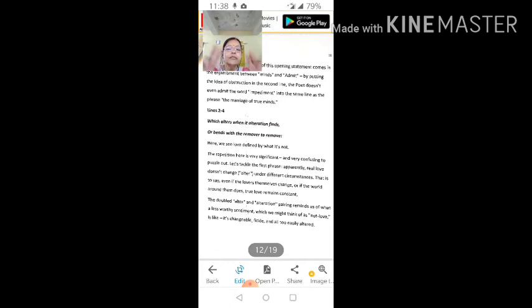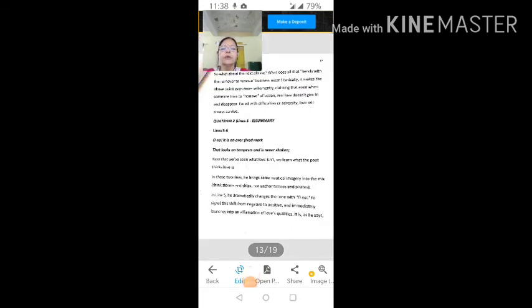The doubled alter and alteration pairing reminds us of what a less worthy sentiment, which we might think of as not love, is like. It's changeable, it's fickle, and all too easily altered.